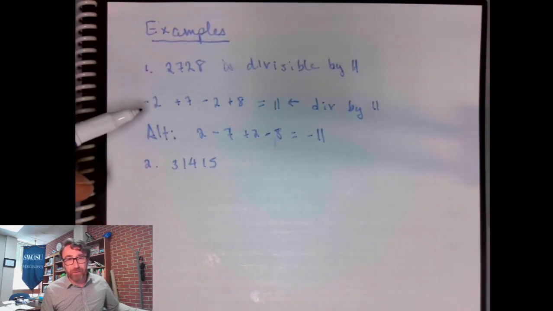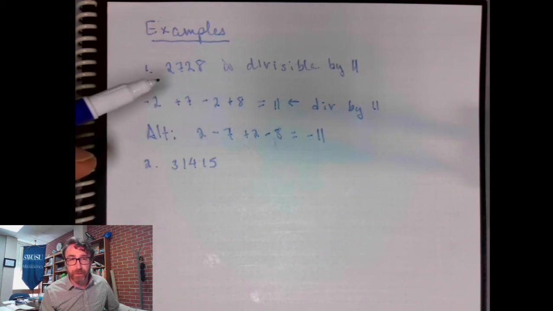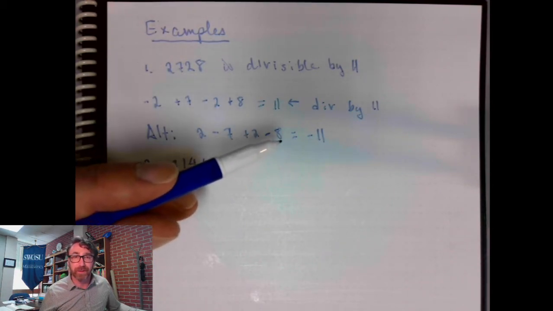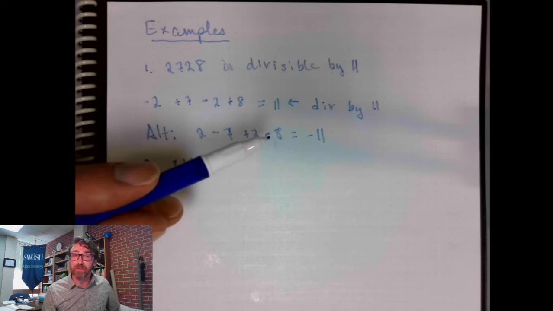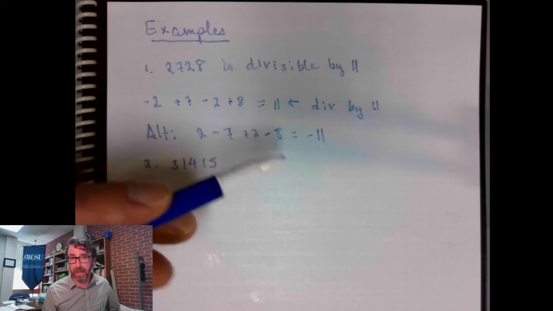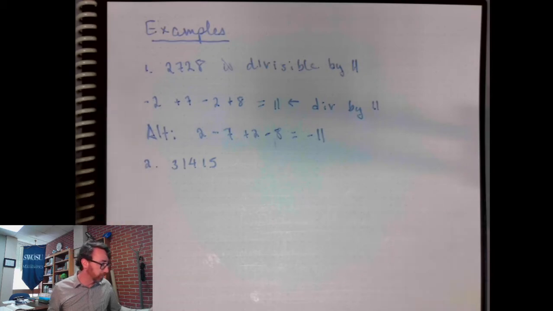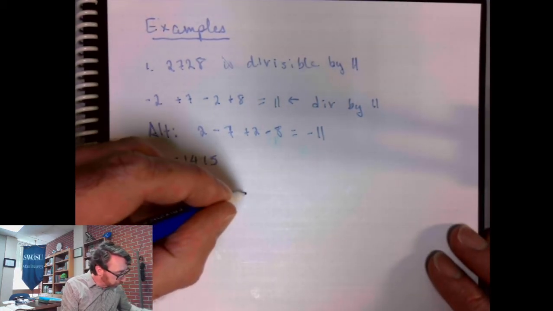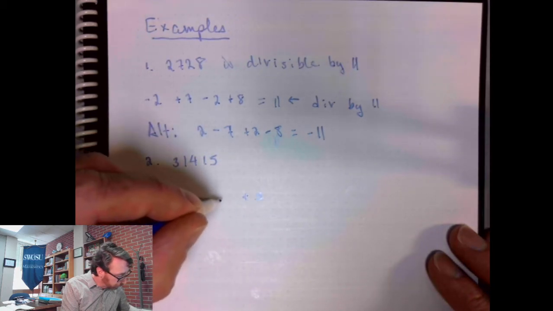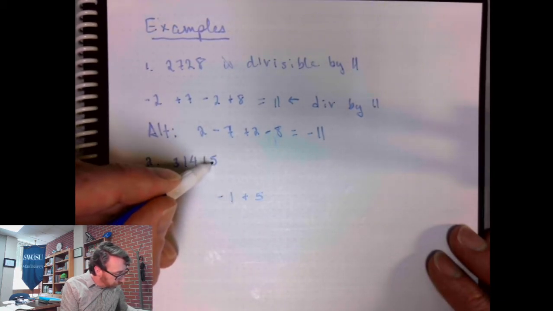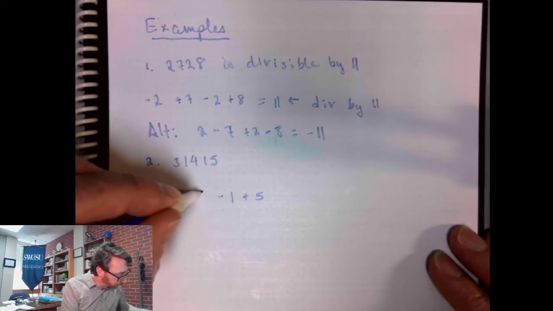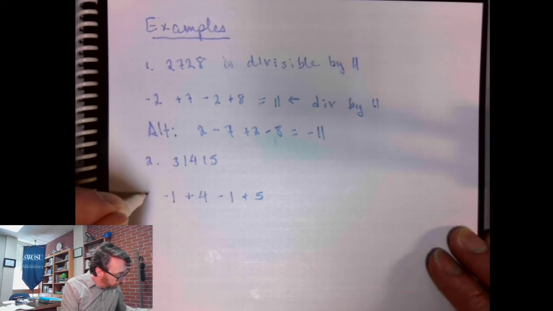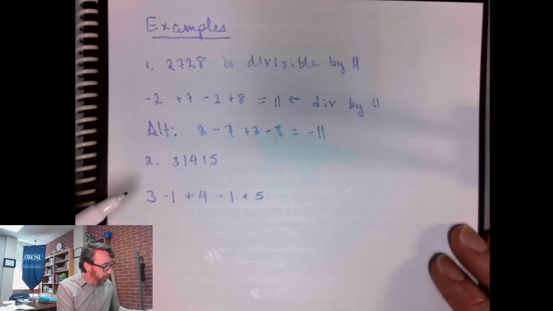You don't have to start on the right like I do. You can start here and do plus, minus, plus, minus. You just have to realize that you might get a negative when you do that, so you have to be okay with dealing with negatives there. All right, let's look at this. So, plus 5, minus 1, plus 4, minus 1, and plus 3. Okay.